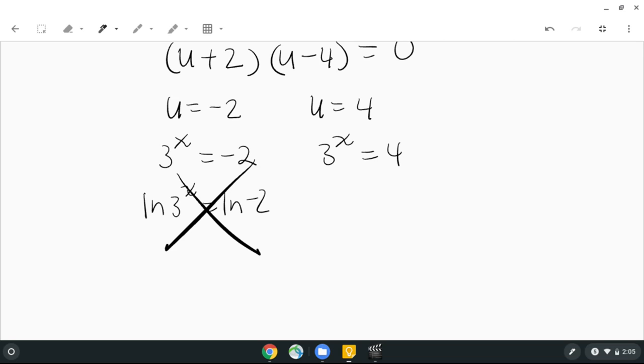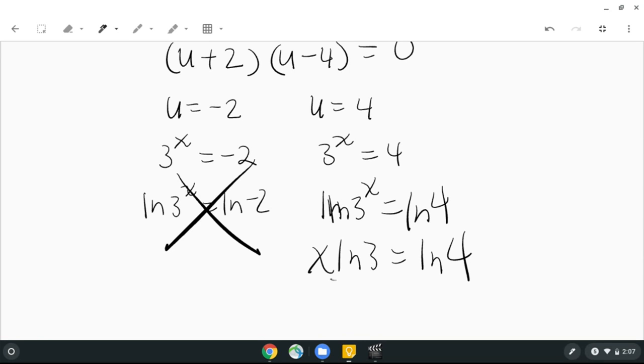And this one over here: ln of 3 to the x equals ln 4. Bring down the x: x ln 3 equals ln 4.